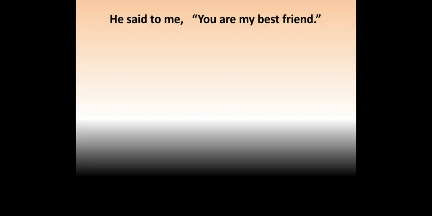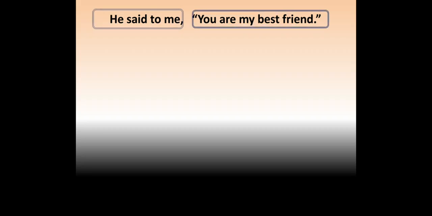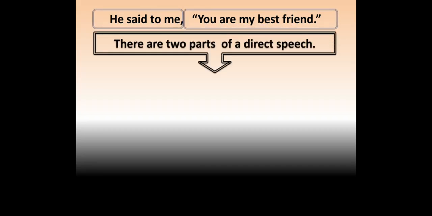He said to me, "You are my best friend." There are two parts of a direct speech: inside the inverted comma is one part and outside the inverted comma is another part.